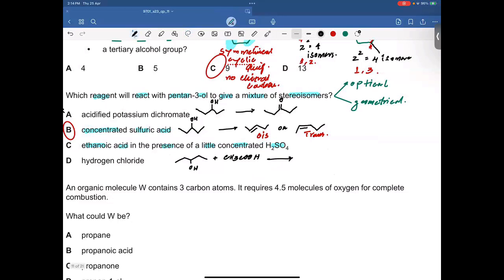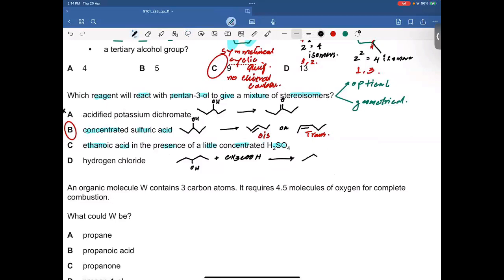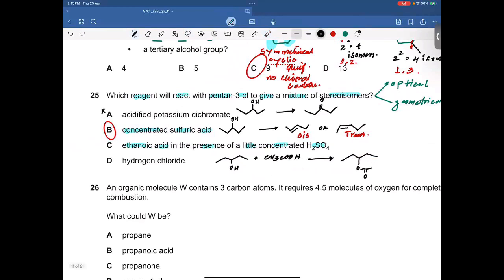Let me make the structure of the ester. This is oxygen. Then we have C double bond O. Then we have CH3. And we have this and this group. So this is not going to be the chiral carbon atom because this group and this group are the same, which means C is also incorrect.